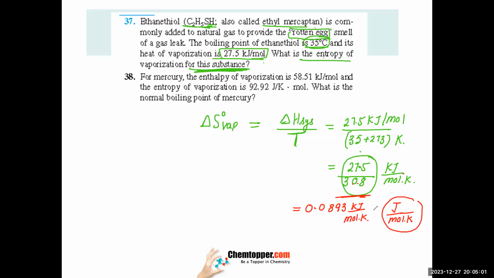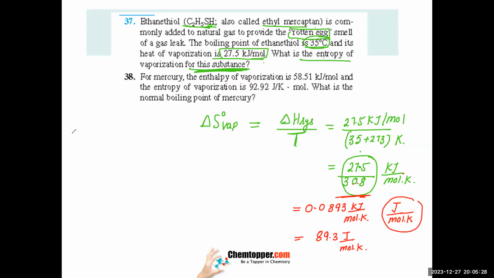As I said, kilojoule is making this number very small. So if you convert this into joules, the answer will be 89.3. I'm getting this. Answer is correct.